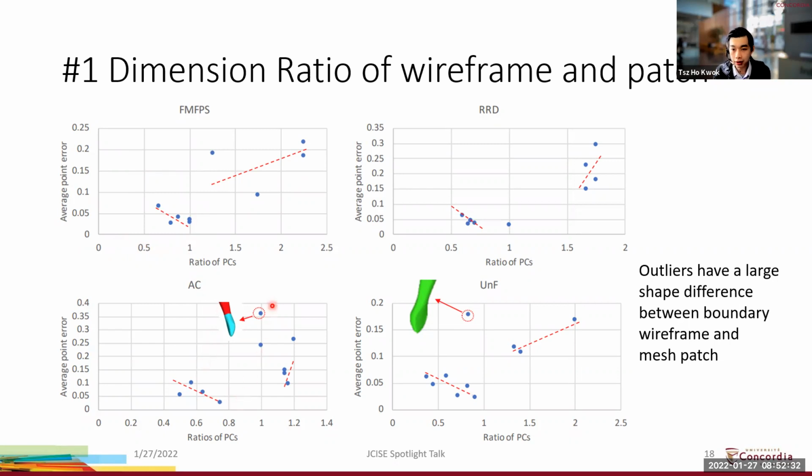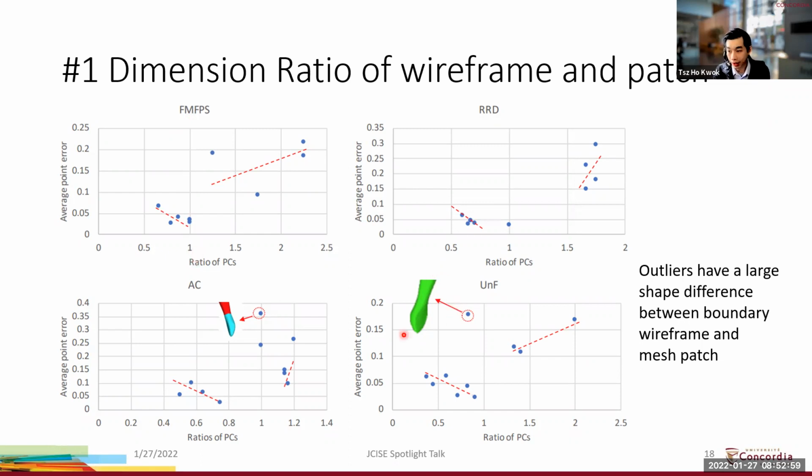The second observation is the symmetric trend. It is symmetric along this line. From the left to the right, you have a decreasing trend, and then after this point, you have an increasing trend. It means you really have a lower error when you get to a ratio close to 1. So it agrees with the hypothesis that we made.